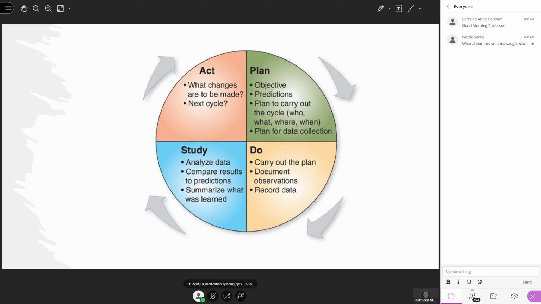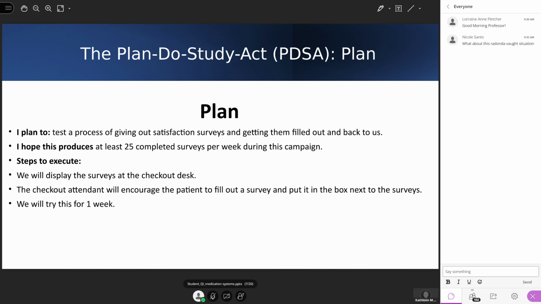So you have a plan: your objective and your predictions; the do, carrying out the plan and recording the data; the study; and then the act. And then you get to the end, and whatever outcomes you came to, you go back again and start it again. And that's going to make a little bit more sense going forward. So in the plan section, I gave you a plan, do, study, act example.